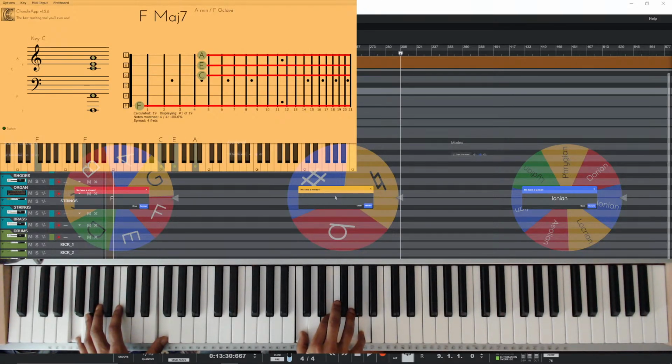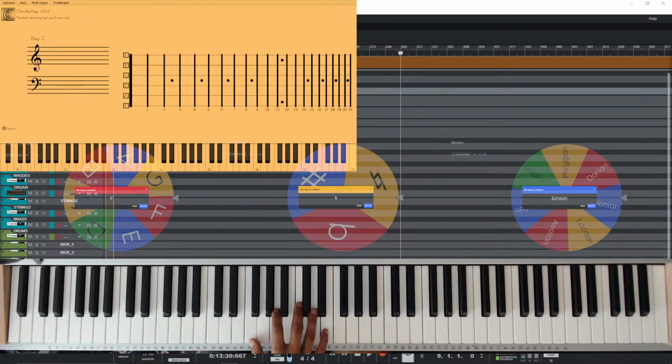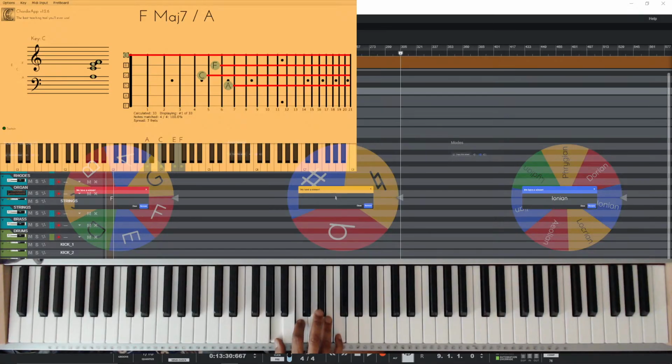Okay, what did we do there? As I was saying, we are just playing a super straightforward scale exercise, actually. The only thing we are doing is we took our first chord, F major, then we were looking for an inversion where our bass note is the second highest note.